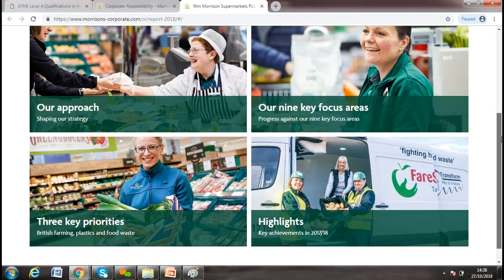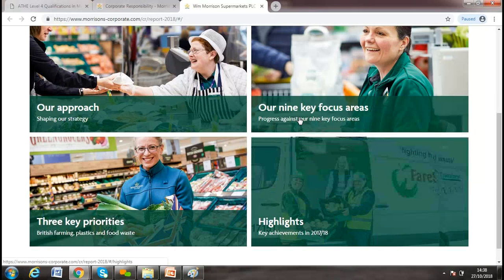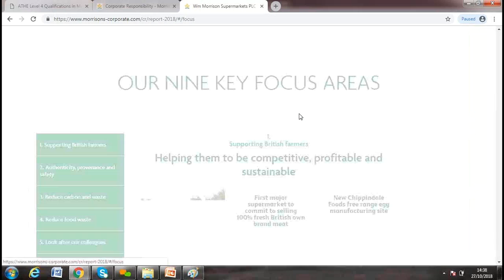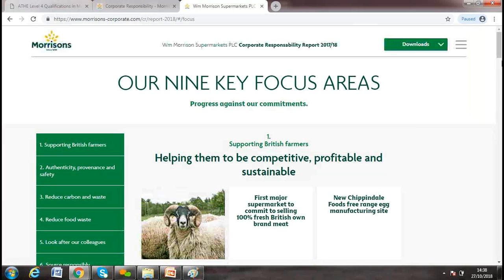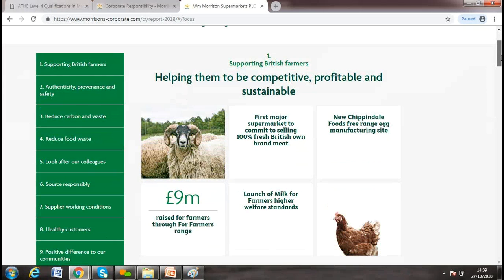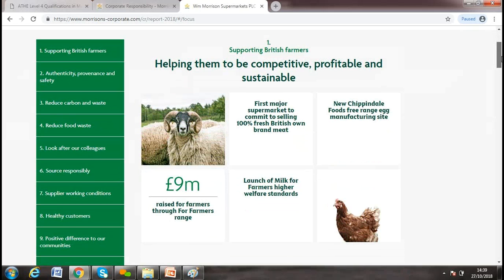Their organization strategy has 9 key areas which they focus on, helping them to be competitive, profitable and sustainable. They are the first major supermarket committed to selling 100% fresh British-owned brand meat.